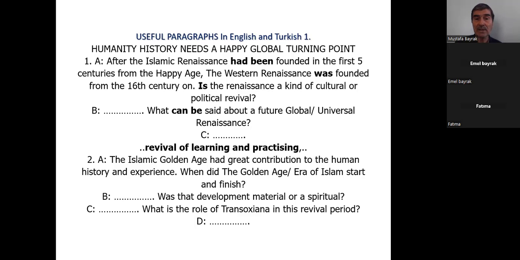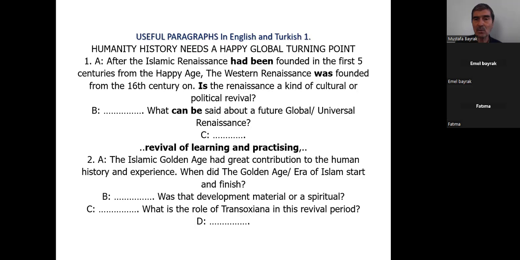2A, the Islamic Golden Age had great contribution to the human history and experience. When did the Golden Age or Golden Era of Islam start and finish? Of course, it started in the 6th century, and somebody say it ended in the 12th century. Okay, after 5 centuries.